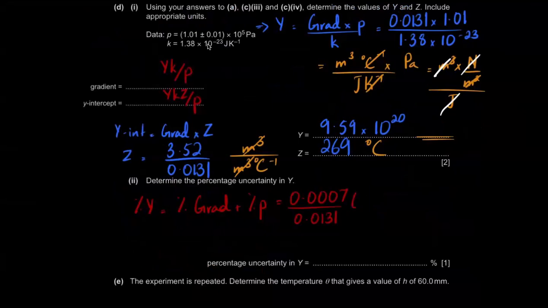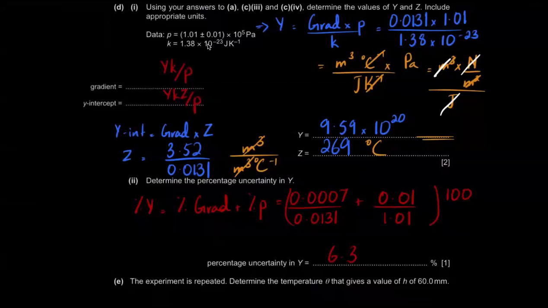But because I also have to do the same for P, I'll do the times 100 later altogether. So this is 0.01 over 1.01. And this is my percentage uncertainty: 0.0007 over 0.0131 plus 0.01 over 1.01 times 100. So this turns out to be 6.33 or 6.3%.